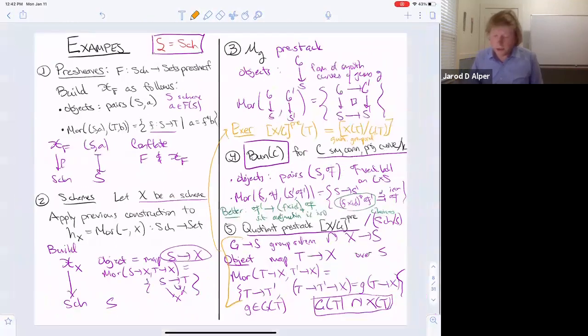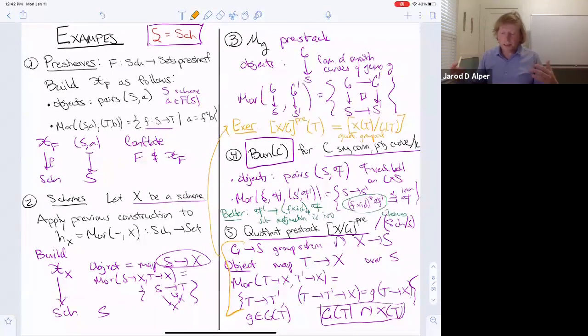And so describing the morphisms over the identity, where T prime equals T, is the simpler case where it's easier to grasp what's going on.